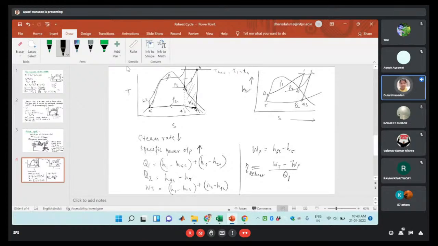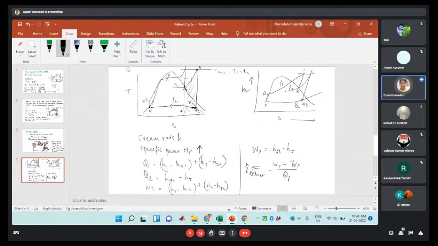In the case of the reheat cycle, high pressure is used, so the pump work will be appreciable, and your specific work output will be increased.